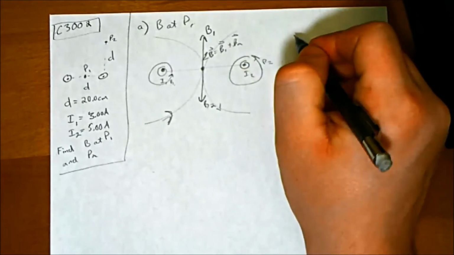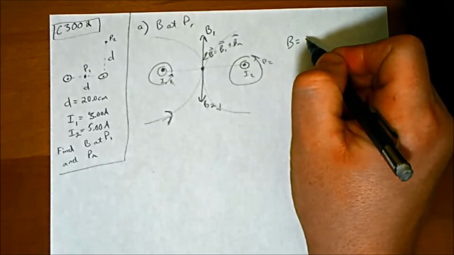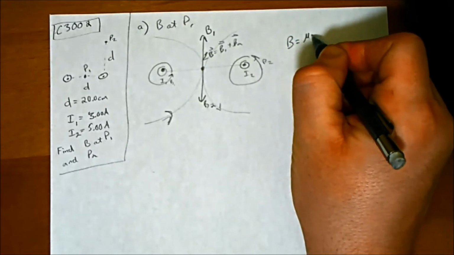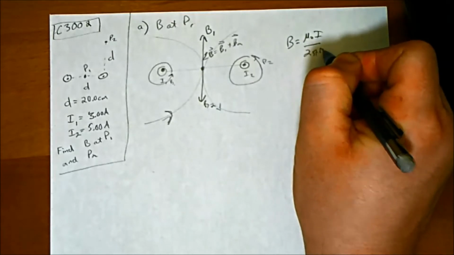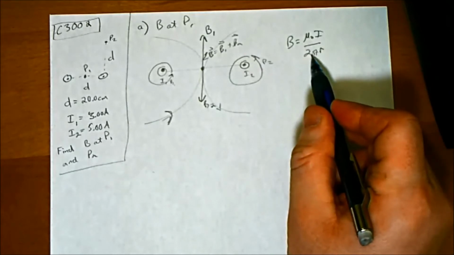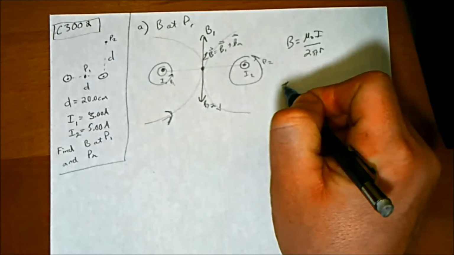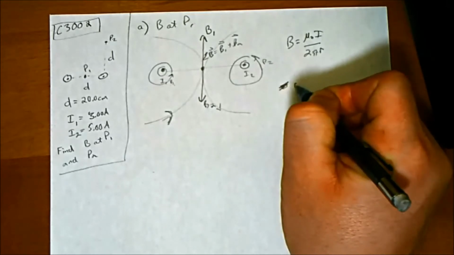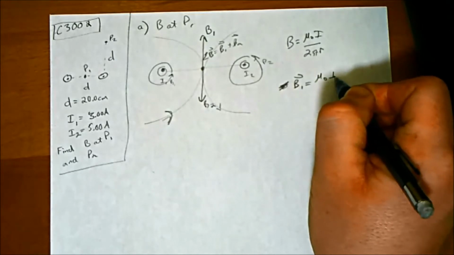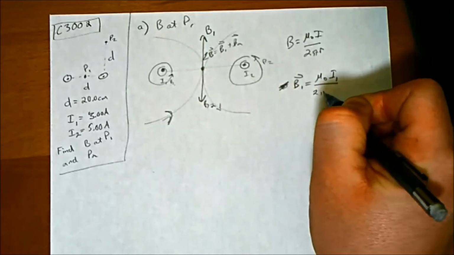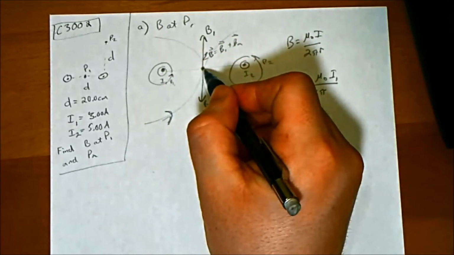Well, if you remember, the magnitude of the magnetic field some distance away from a current carrying wire is mu naught I over 2 pi r, where r is the distance away from that wire. So we can construct an expression for B1. We say that's just mu naught I1 over 2 pi. Now what is r? r is the distance from the wire to the point of observation.